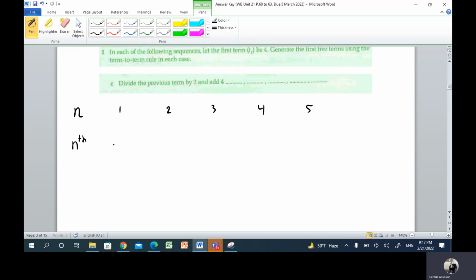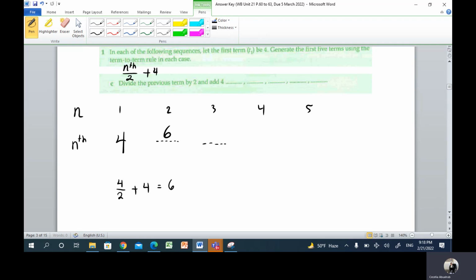They told us that the first term in the sequence is 4, and to divide the previous term by 2, so the nth term divided by 2, and then add 4. So the previous term is 4, divided by 2, add 4. 4 divided by 2 is 2. 2 plus 4 is 6. So this term here is 6.